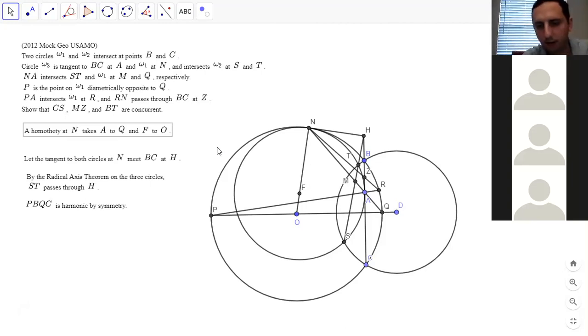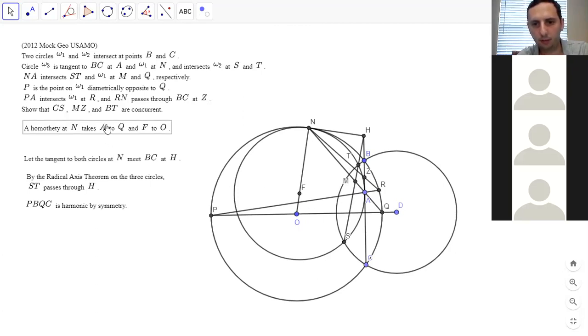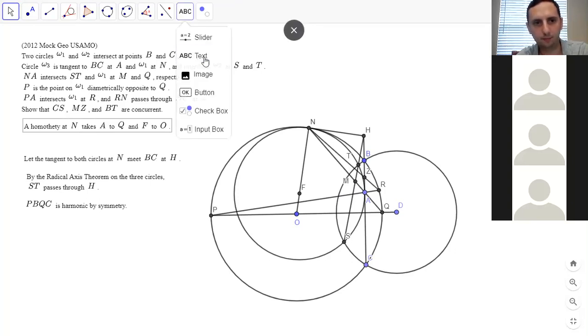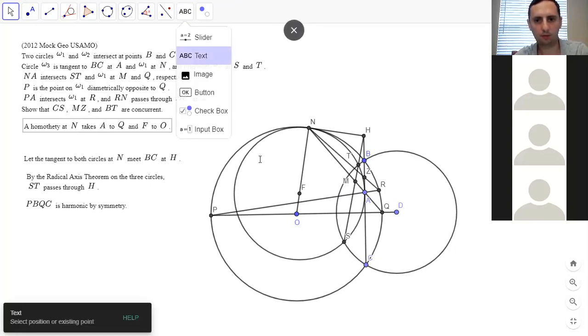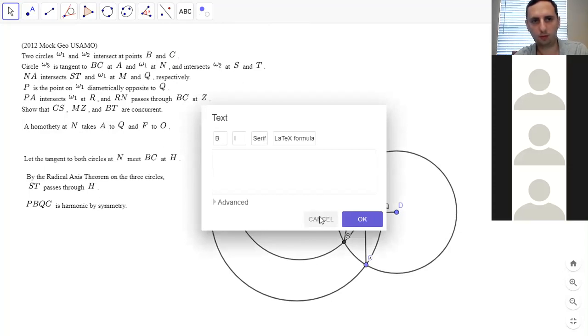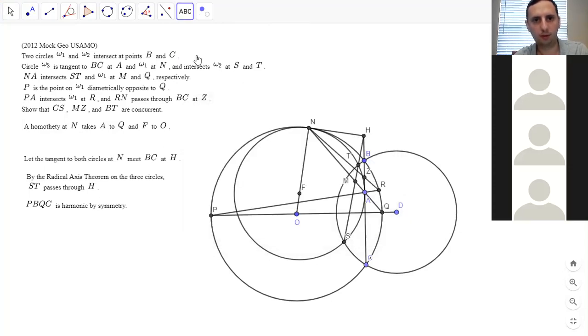So that means that because AF is perpendicular to BC, QO is parallel to AF, which means that QO is perpendicular to BC.